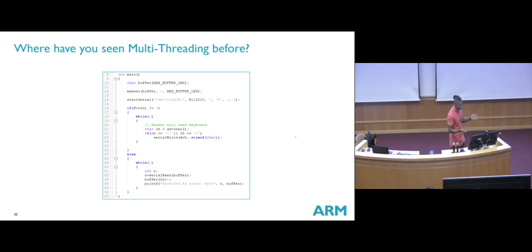If you look down here, this is your reading, your get char, and this is your writing back. So this is your transmit, and this is your receive. Both of them are happening concurrently because in your Linux operating system, you use fork to spawn a process. So your transmit and receive is actually happening concurrently on the RPi.